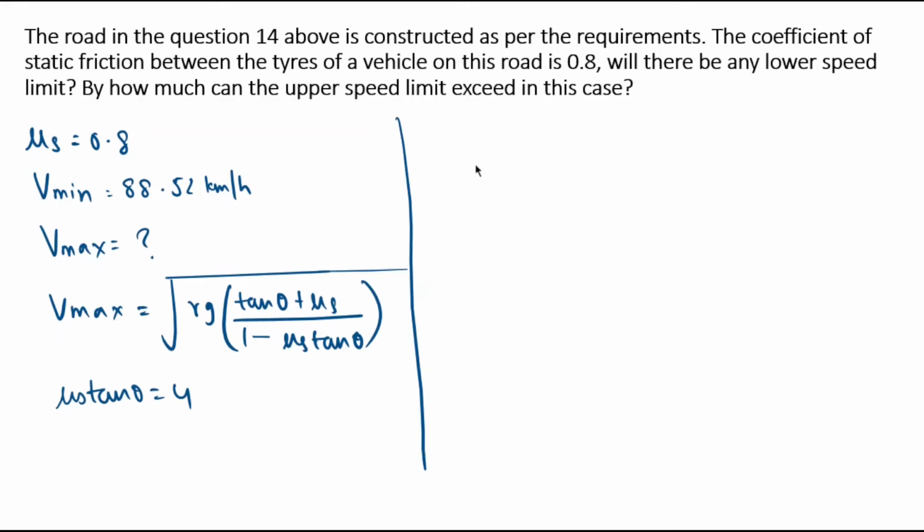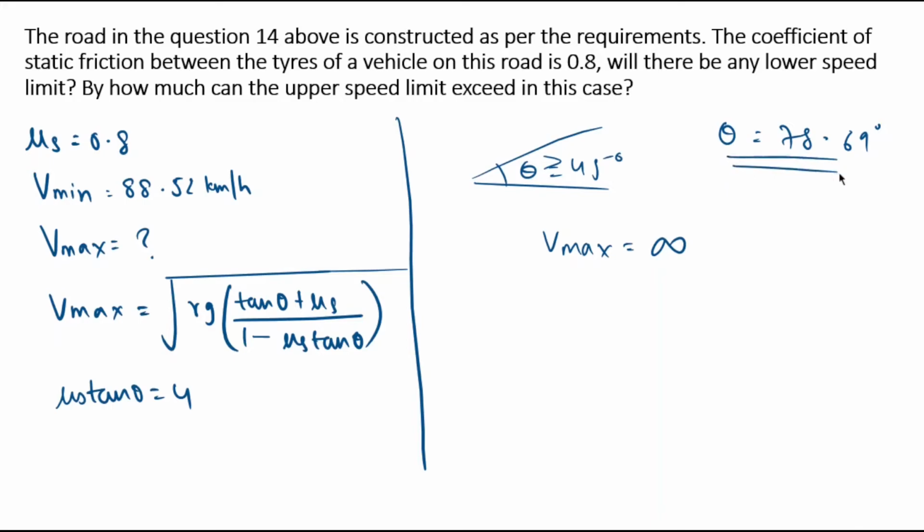So based on this condition, we can say that the upper speed limit cannot be determined. Another analogy that we can take, we know that for theta greater or equal to 45 degree, V max is infinity. That is, it doesn't matter what is the maximum value of speed for an angle greater than 45 degree. So the angle that we got, theta, was 78.69 degree.